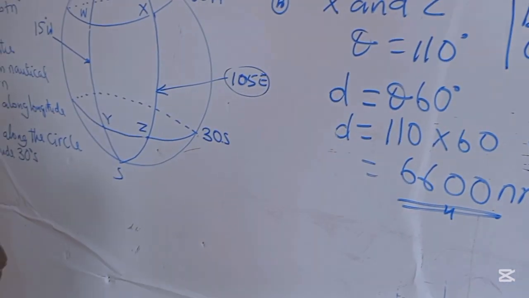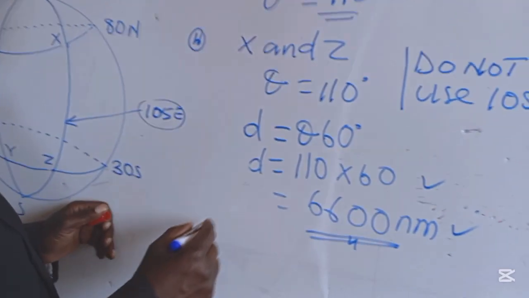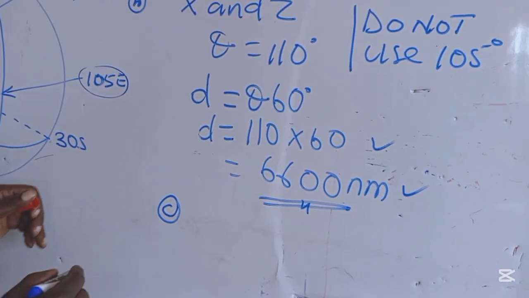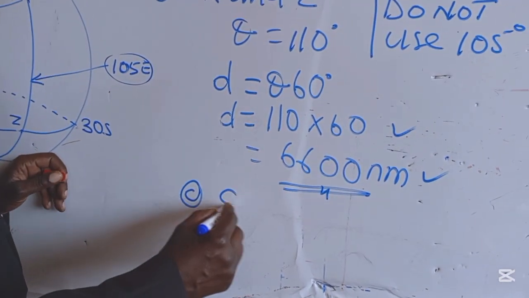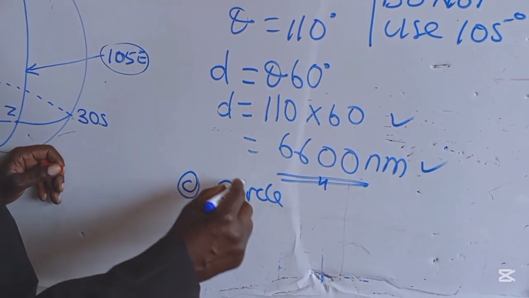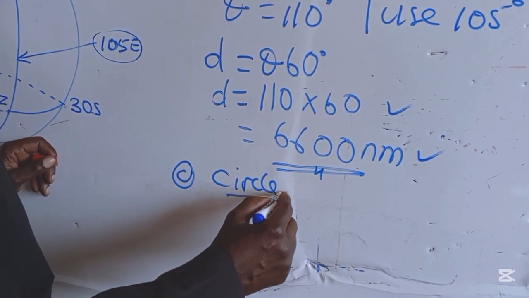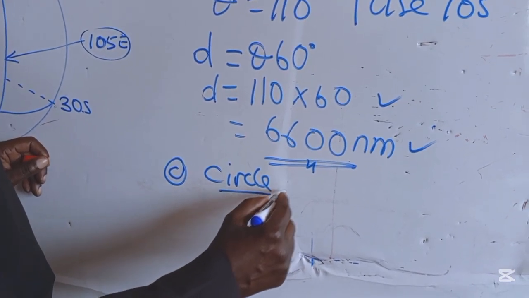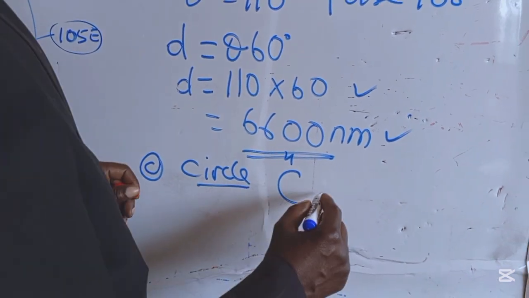So the other thing they are saying, last but not the least, be careful. They are saying I should find the circle. Whenever you hear the circle along that latitude, this circle is what we are calling circumference. So for the circumference, you always have to use this method. There are 2 methods.